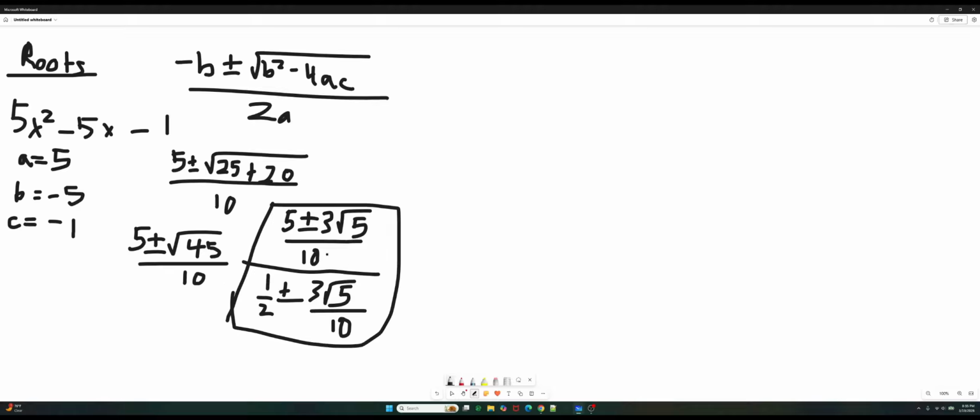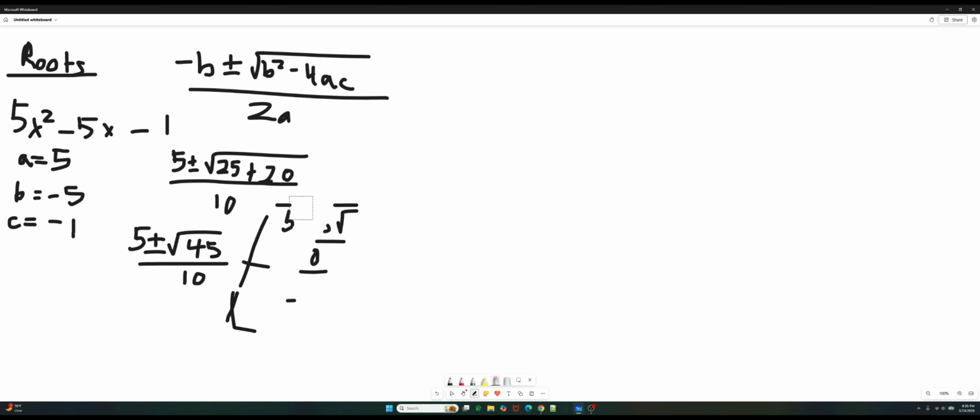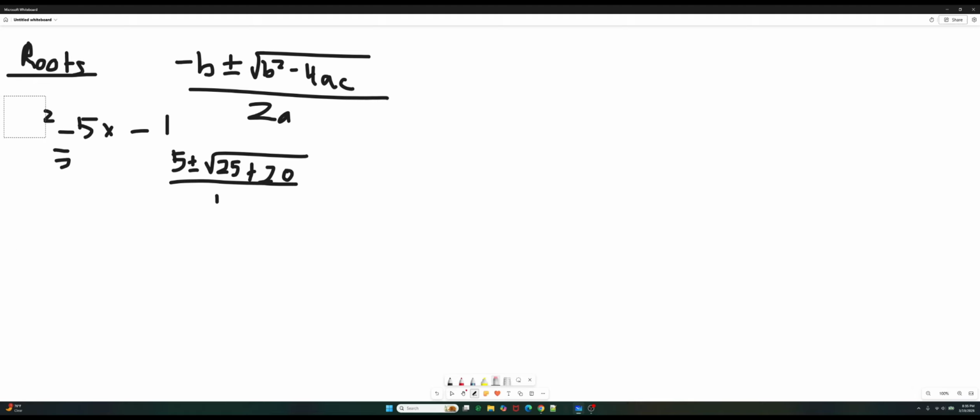Now I'll be talking about the next topic, which is the solutions for a quadratic equation. If you want to know how many solutions are in a quadratic equation, a quick way to do that, let me just write out the quadratic formula again.